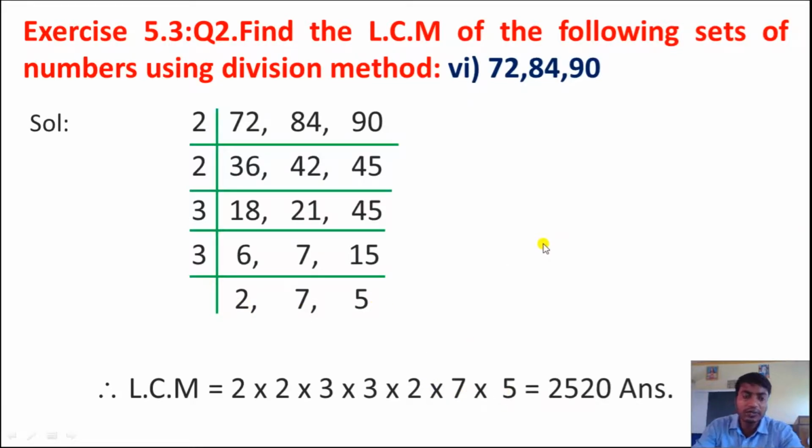So LCM equals the product of the divisors and the undivided numbers. When we multiply, we'll get 2520. This is the answer, the LCM of 72, 84 and 90.